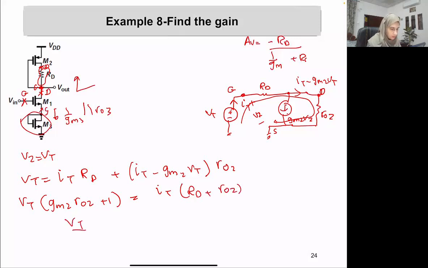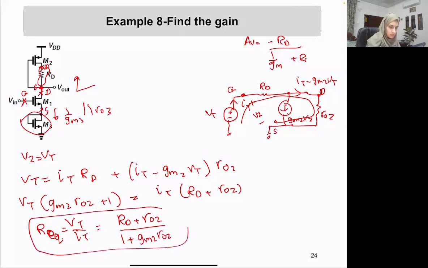Okay, so V test over I test, which is equal to the impedance seen up, our R, what should we call them, equivalent. It will equal RD plus R out 2 divided by 1 plus GM2 R out 2.